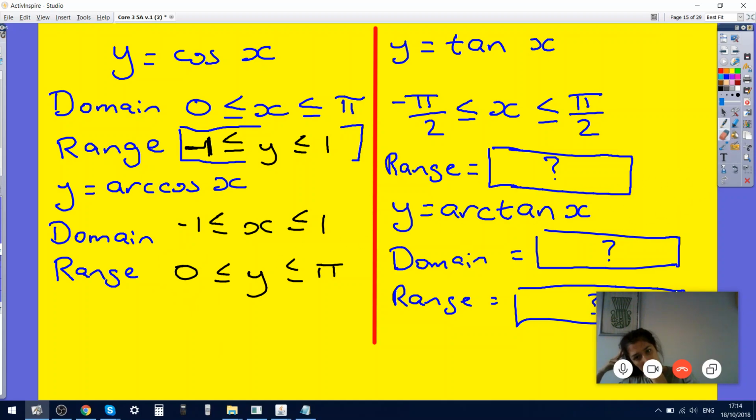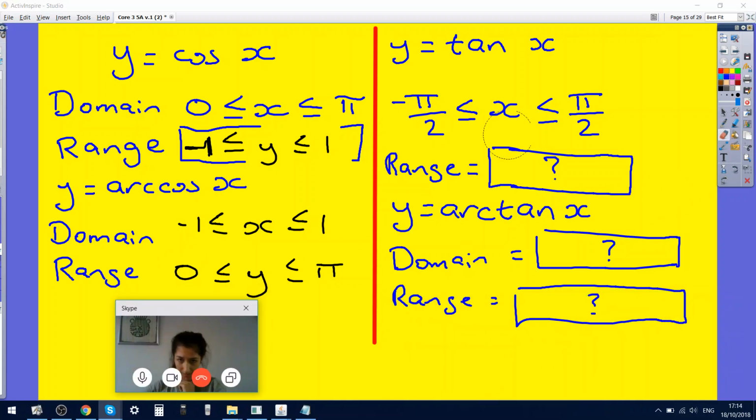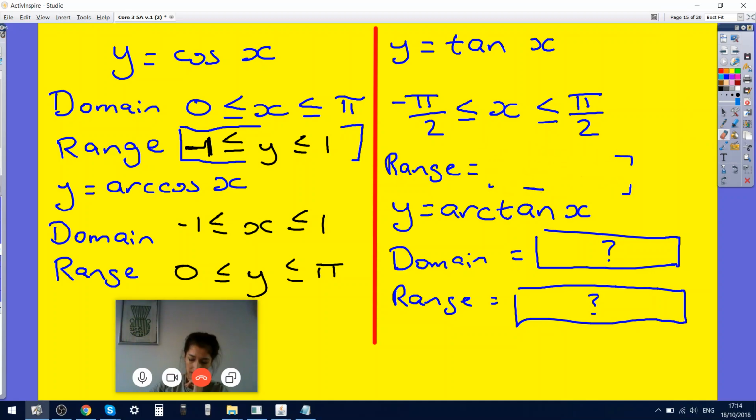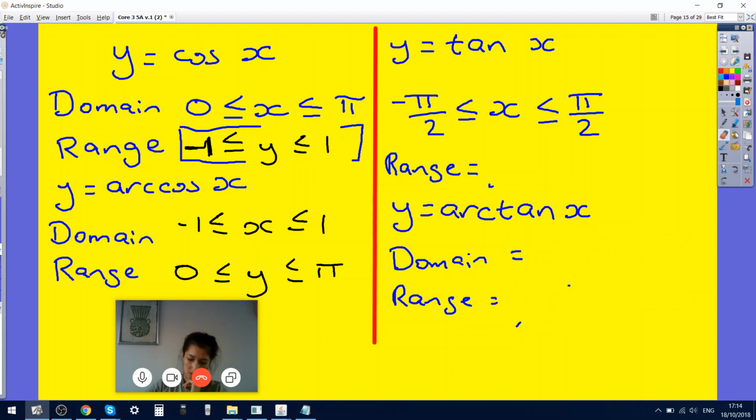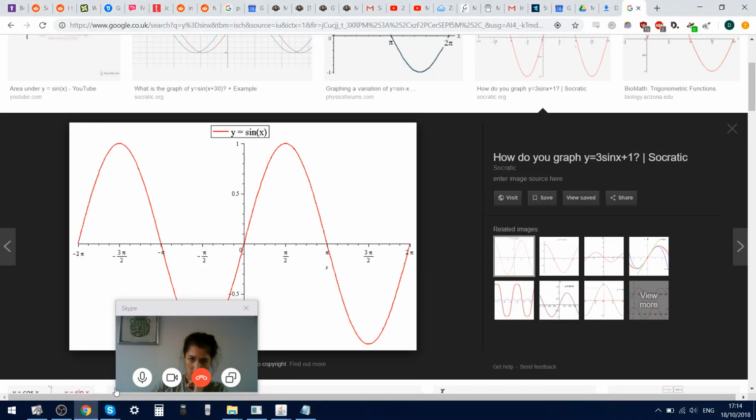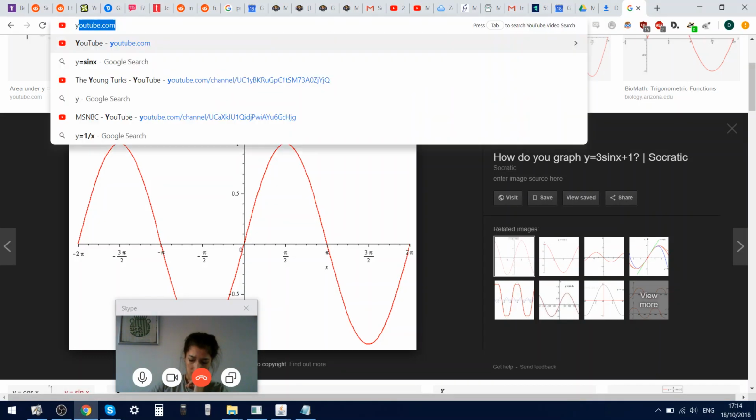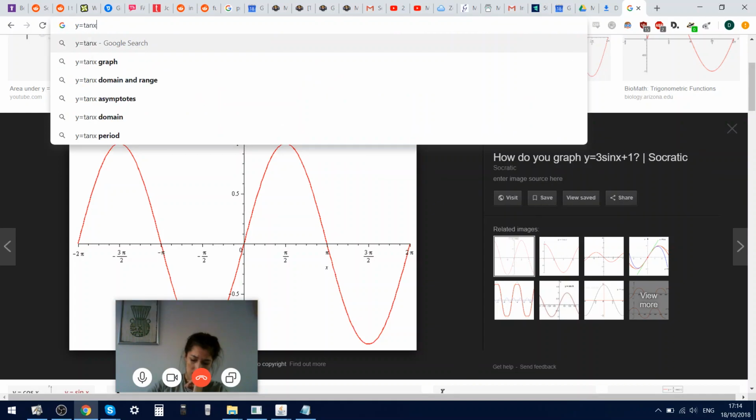Okay, same thing, tan. Any idea how you'd write the range for tan? So not arctan, just tan. You can't do pi over 2. y is tan x.